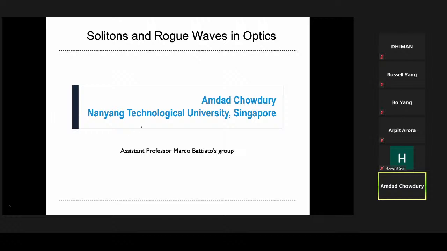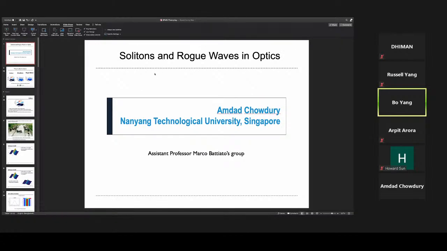My slide is not changing. Maybe you exit the presentation mode. It all depends on which window you are sharing. If you are sharing the screen, the desktop, that's probably the easiest. If you present with this mode, it's also fine.